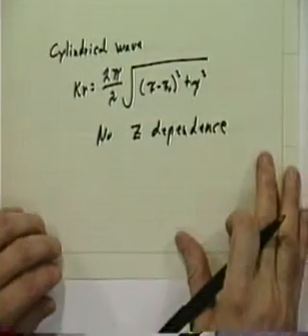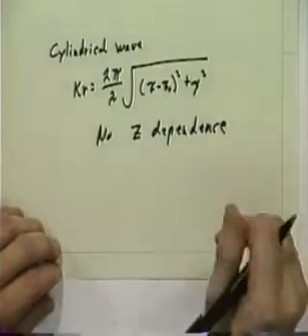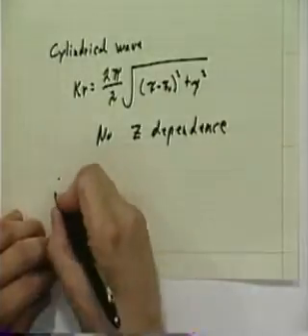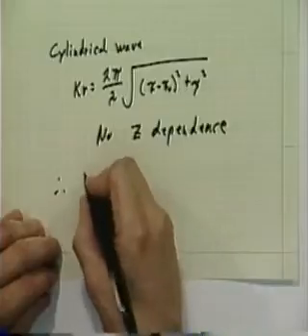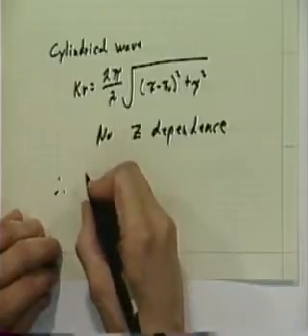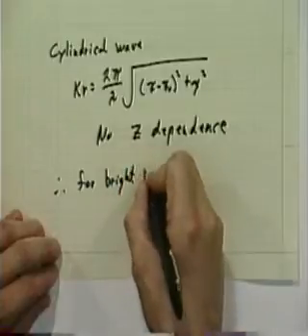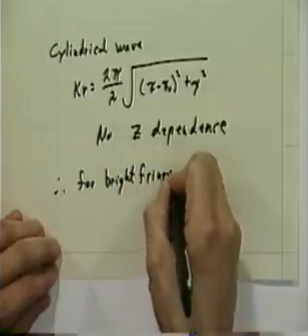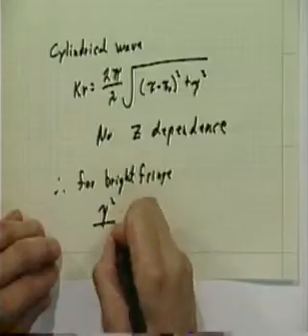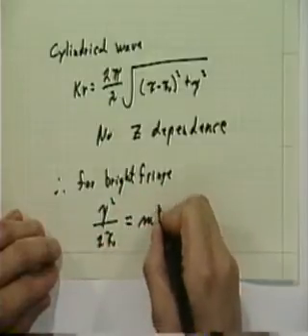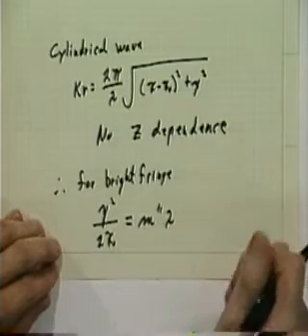Okay, and so we could just go back to the same equations that we had, and let's say for a bright fringe, we would have that y squared over 2x naught is equal to m double prime times lambda.